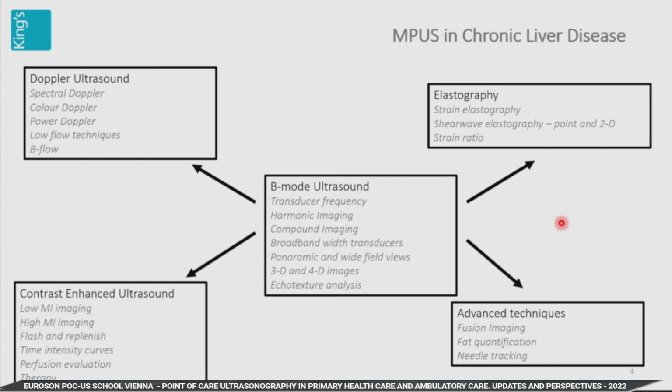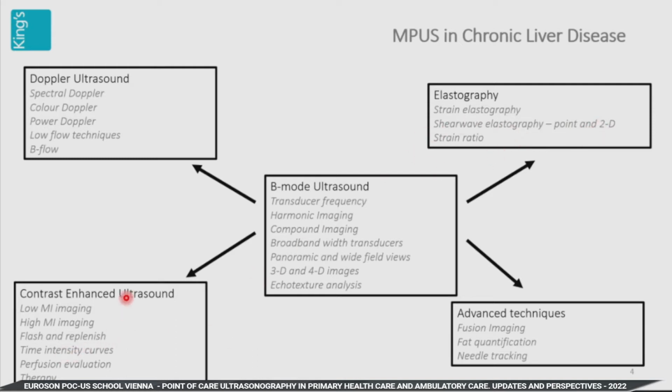You can use panoramic and wide field views, 3D and 4D images, and you can use echo texture analysis as well. And in Doppler ultrasound, not only do you have your spectral and color and power Doppler, but you've got the microvascular imaging now, the low flow techniques, and B-flow imaging on some of the machines. Strain elastography, shear wave elastography, point and 2D, and strain ratio you can use as well.